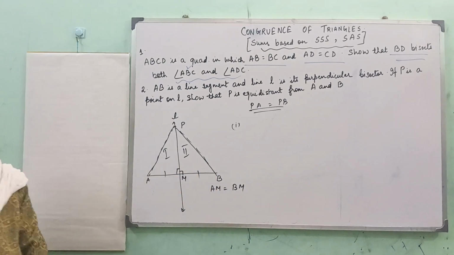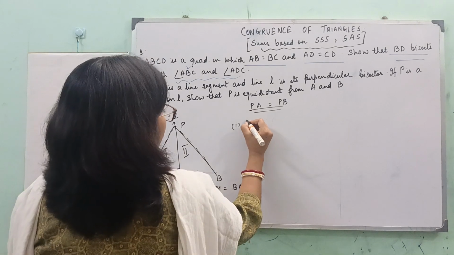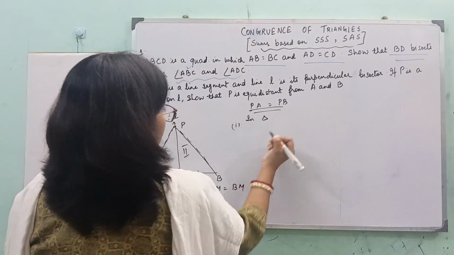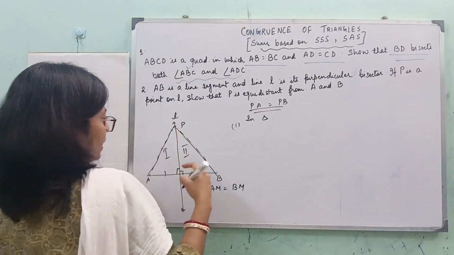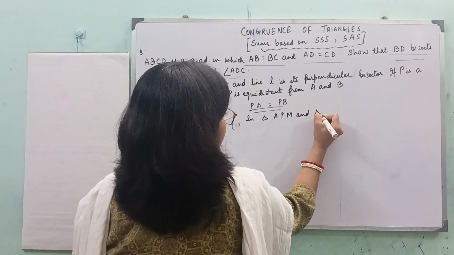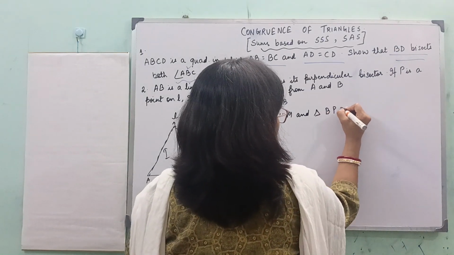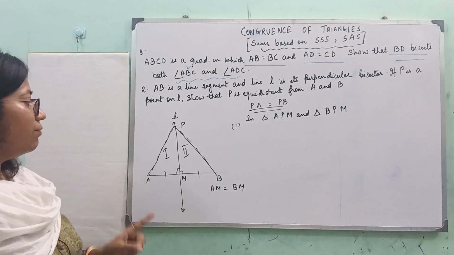So when you are trying to prove the congruency, what is the way we will consider the triangles? In triangle APM and triangle BPM. Be very careful with the naming.